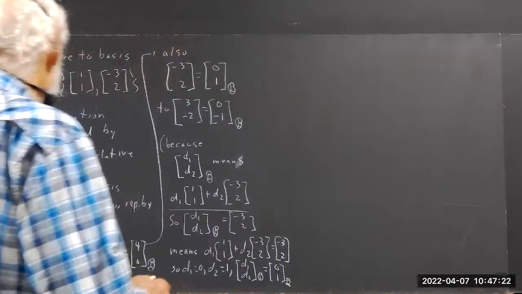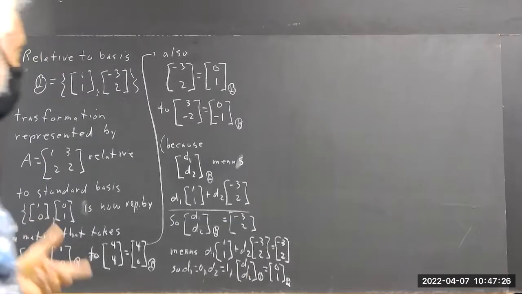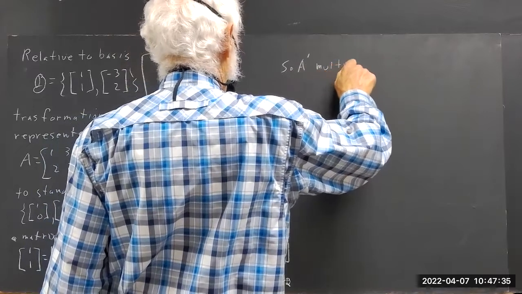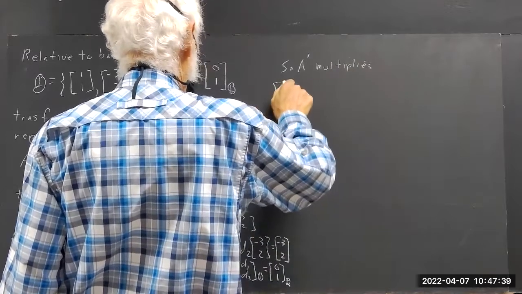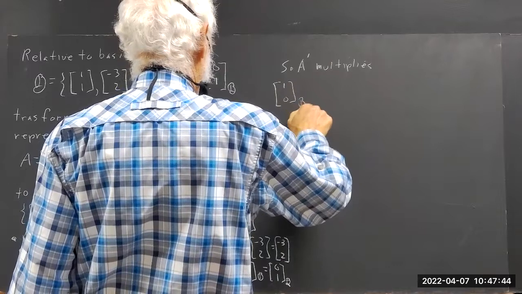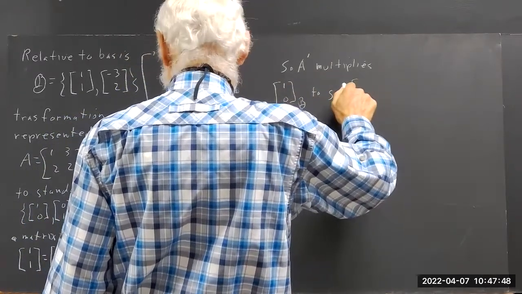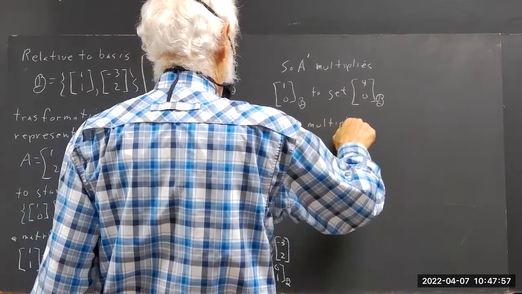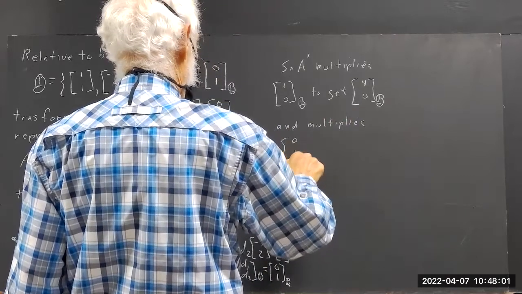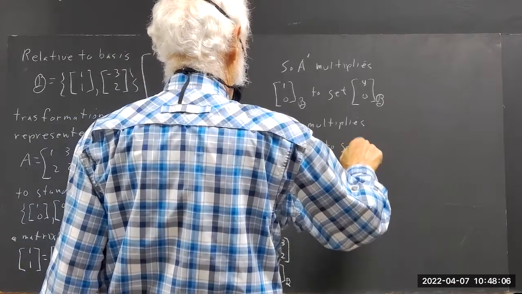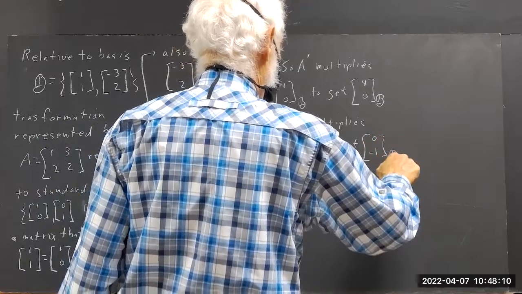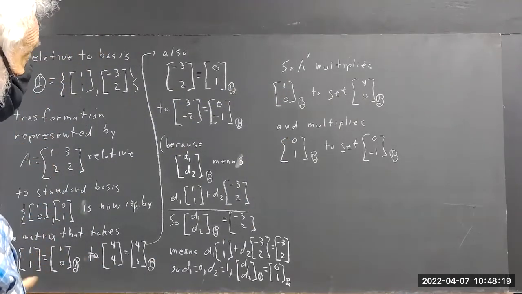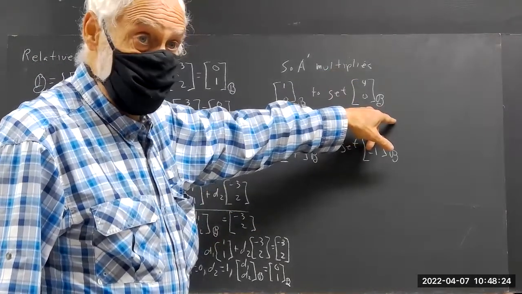Okay, so what matrix does this? What matrix multiplies 1, 0 relative to B, which represents the vector 1, 1, to get 4, 0 relative to B, which represents a vector 4, 4, according to this basis?